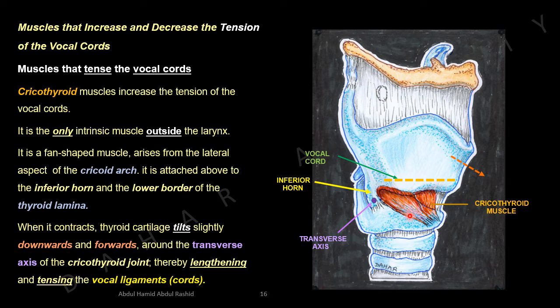When it contracts, the thyroid cartilage tilts slightly downwards and forwards, around this transverse axis of the cricothyroid joint, thereby lengthening this distance, because here is the arytenoid cartilage, where the vocal cord is attached. When this tilts forward, this distance becomes longer, and the vocal cord becomes tense.